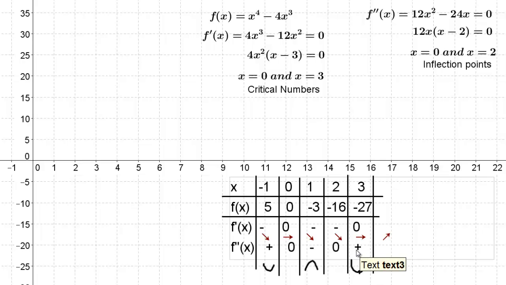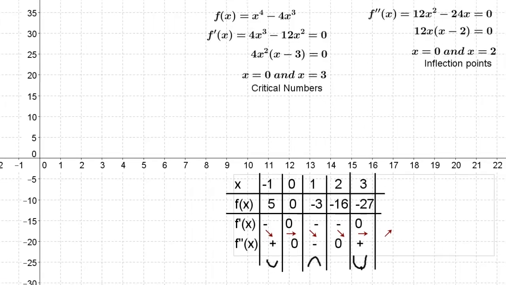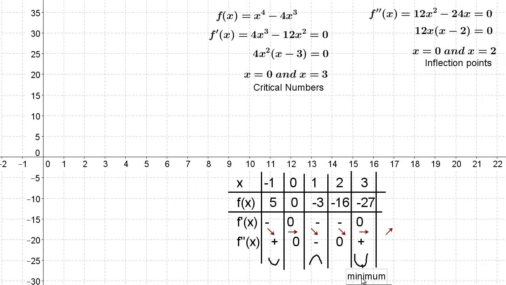The second derivative is positive, being that it's concave up, and the first derivative is equal to 0, meaning we have a minimum there. Since it's a minimum, it's got to increase beyond that. We know it without taking the first derivative or doing anything more with points beyond 3. So we have a function that decreases, flattens out, decreases even more, reaches a minimum, and increases after that.